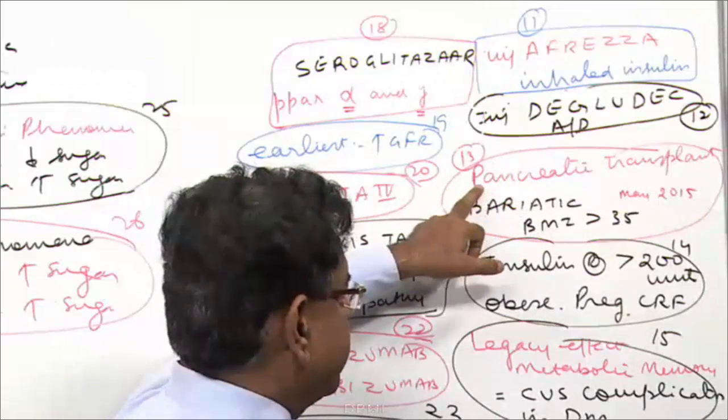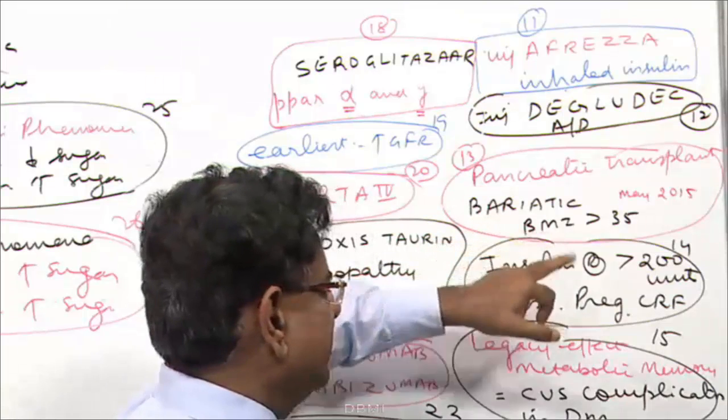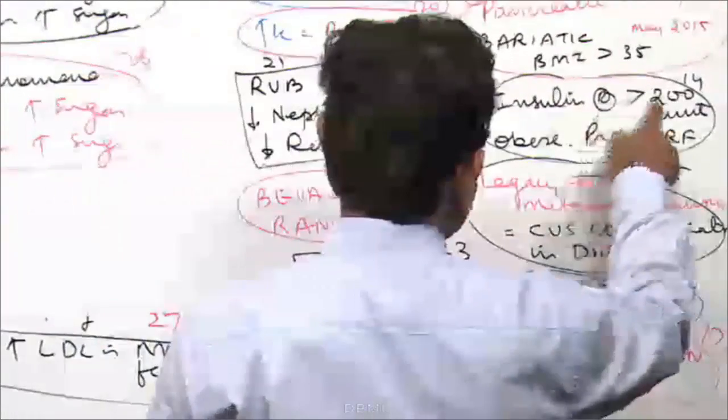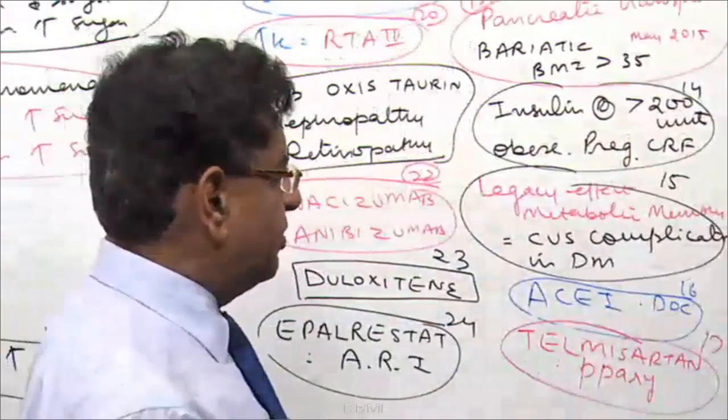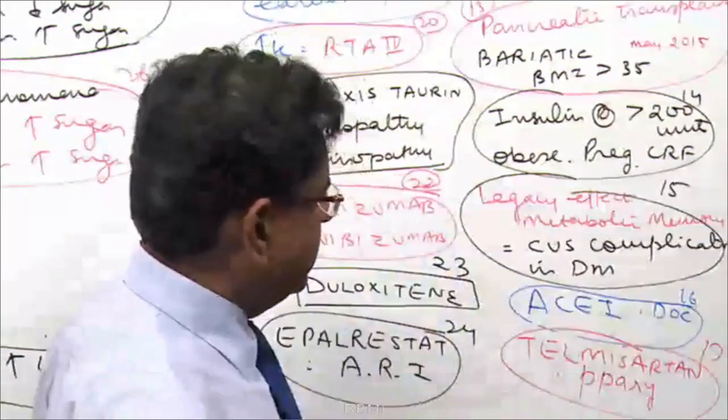The new treatment includes pancreatic transplant. Bariatric surgery is done when the BMI is more than 35. Insulin resistance when requirement is more than 200 units per day, seen in obesity, pregnancy and CRF.